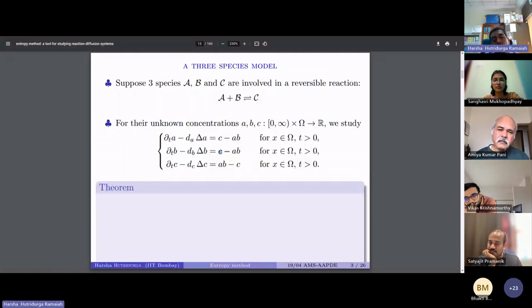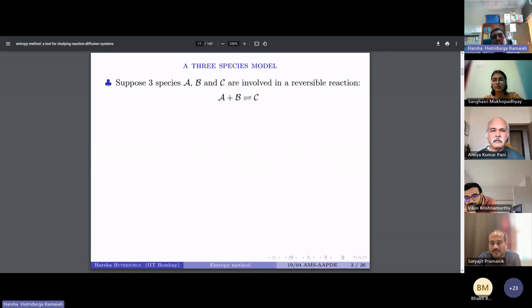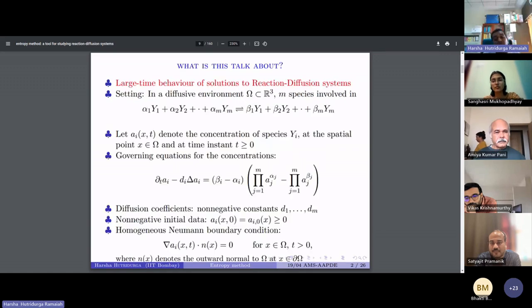But anyway, you are absolutely right. In a typical reaction, some things are reacting to give something else, and it may not be just one. There may be at least two on the right side. Then you have to study models of this kind.